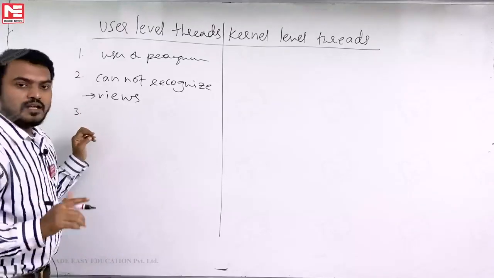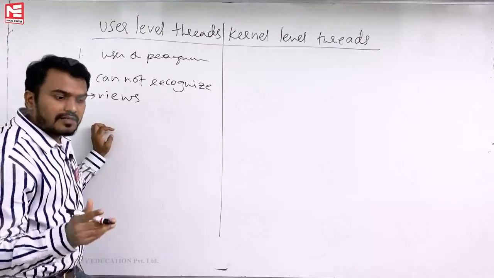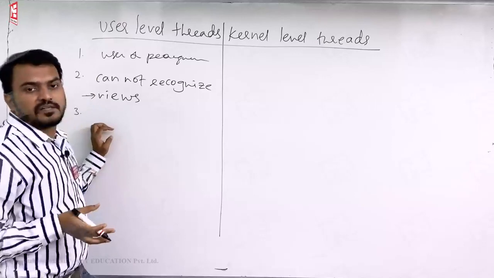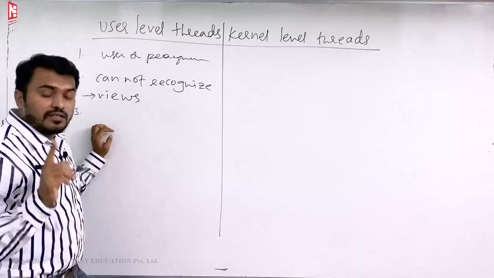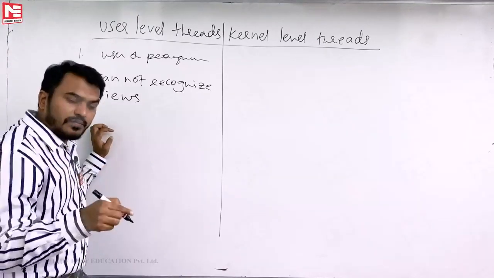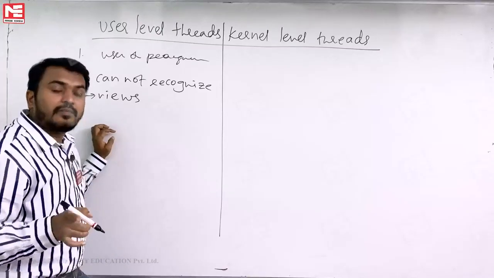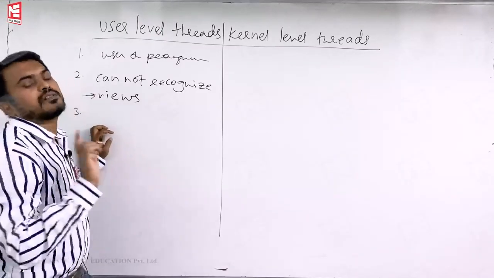Third point: if one user level thread is performing an IO operation, listen carefully first, then the entire process will go into block state.